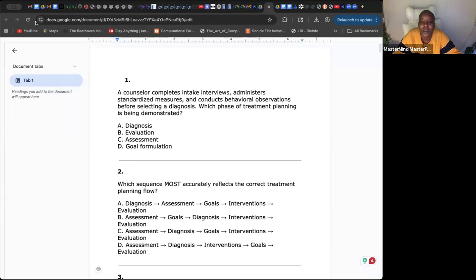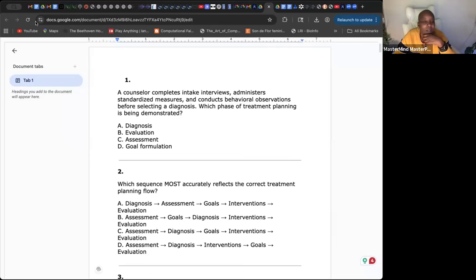And the question wants to know what phase of treatment planning is being demonstrated. Okay. A, diagnoses, B, evaluation, C, assessment, D, goal formulation.